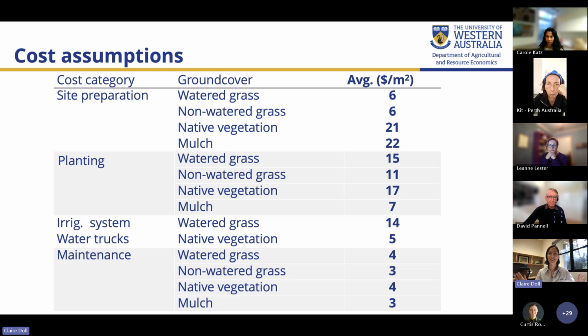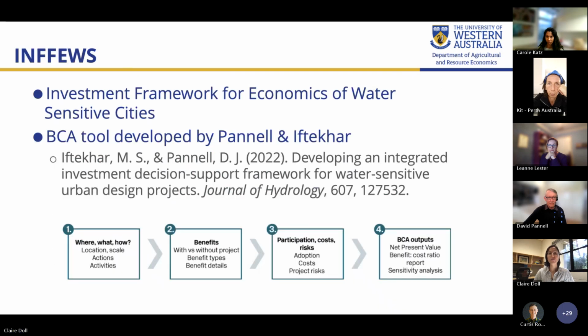So we've got our benefits and we've got our costs, and we're ready to get going with our benefit cost analysis. In this study, we operationalize our BCA using a tool called Infuse. This is a tool that was developed by David Pannell and colleague Saeed Iftikhar, and it's a really comprehensive Excel-based tool that can be great when working with stakeholders, because you can really clearly outline all of the assumptions that you're making in your BCA, and it explicitly accounts for project risk, adoption risk.